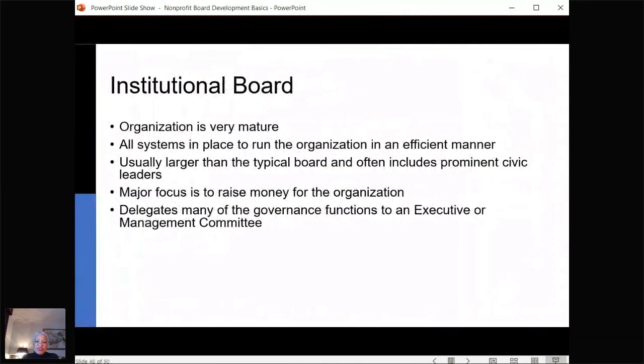And then your institutional board, the organization is very mature. They have all systems in place to run the organization in an efficient manner, and they're usually larger than the typical board and often include civic leaders who are very prominent.